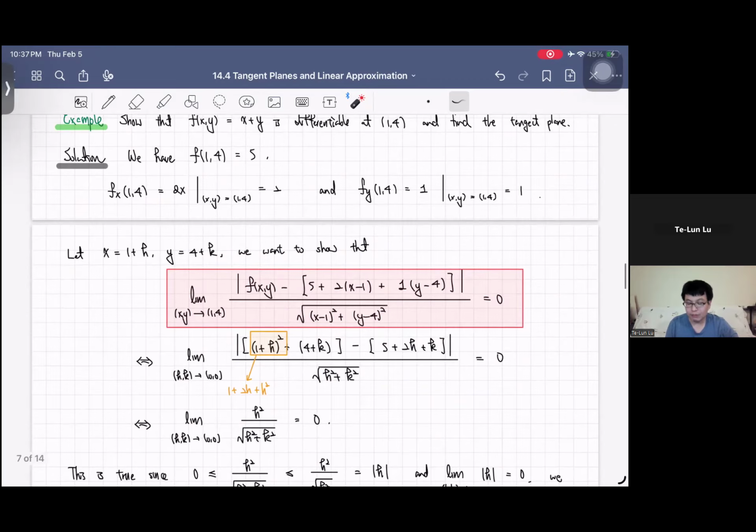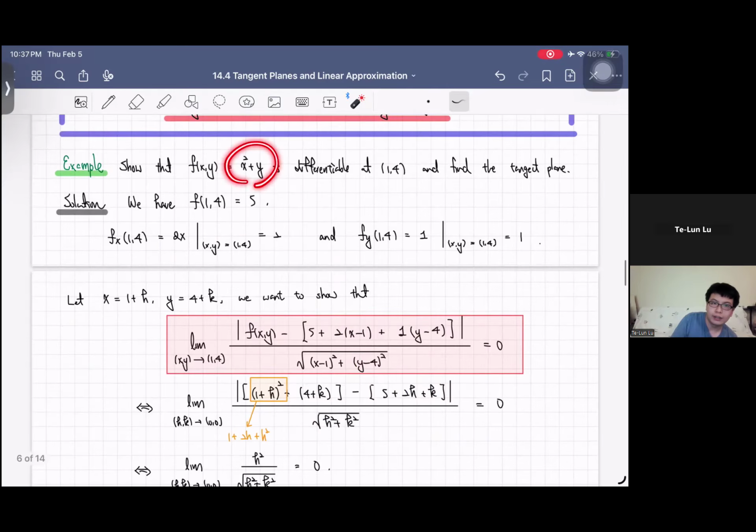First of all, let us simplify notation. Say we set x minus 1, the distance between x and 1, to be h, and y minus 4 to be k. Then we see that this is h, so 2h, and this is k, so 1k. So this whole thing is simply the tangent plane, right? And f of x, y is defined to be x squared plus y.